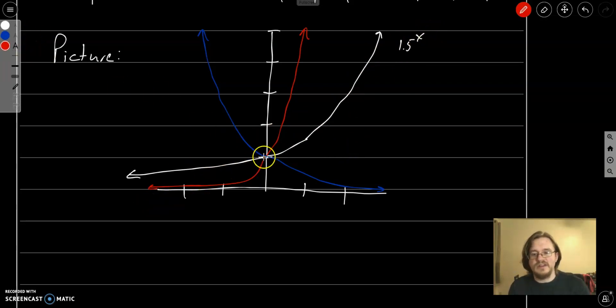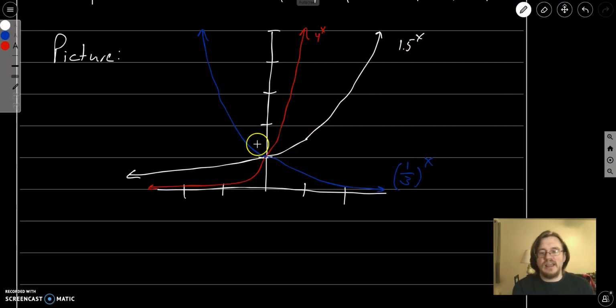The red function here is going to be about 4 to the x power, and this blue function that's falling down, excuse me, I should be looking forward. So it's going to be about 1/3 to the x power.